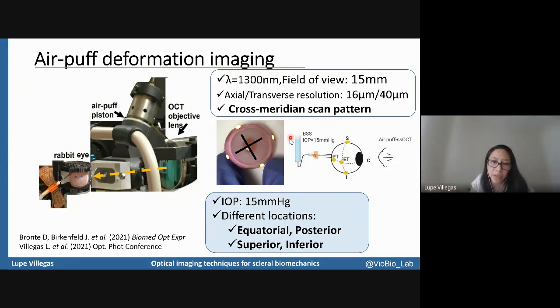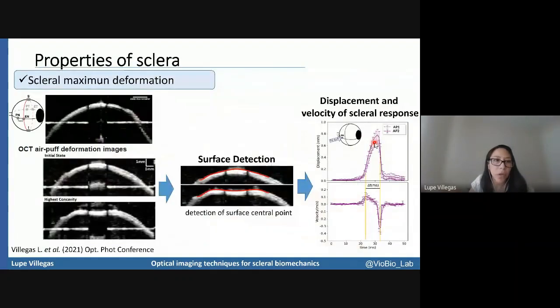We can see in these two meridians that we can measure images, and we are focusing on 6 different locations throughout the sclera. As we can see here, we can get the sclera maximum deformation in these specific zones. And from the OCT images, we can also obtain the displacement and velocity response of the sclera in each of these points.